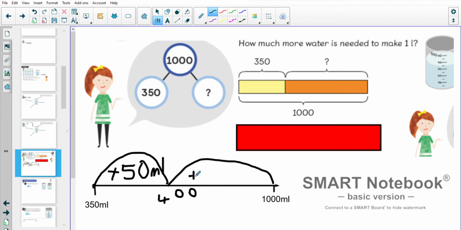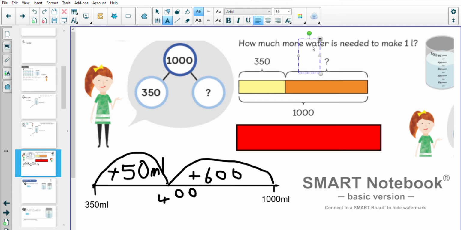I know my number bonds to 10. 4 add 6 is 10. So 400 plus 600 is going to be 1,000. So my answer here is 650 that I need to add on. 350 plus 650 equals 1,000. So that question mark can also be 650.